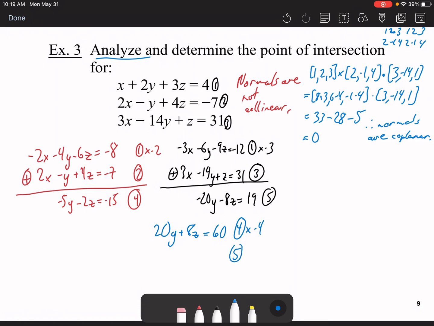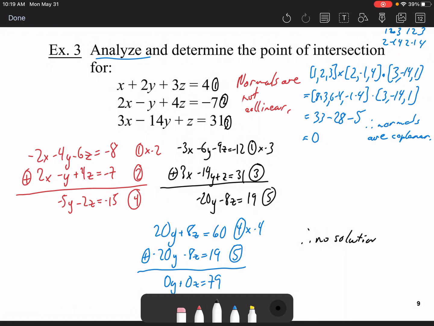And for my fifth equation, if I just leave it as is, and you add these two equations, you'll get 0y plus 0z equals 79. This shows you have no solutions whatsoever. So it did not intersect in a line, and therefore it forms a triangular prism.